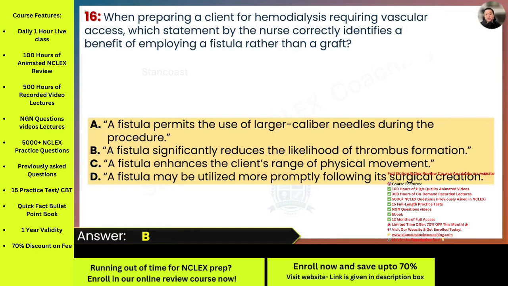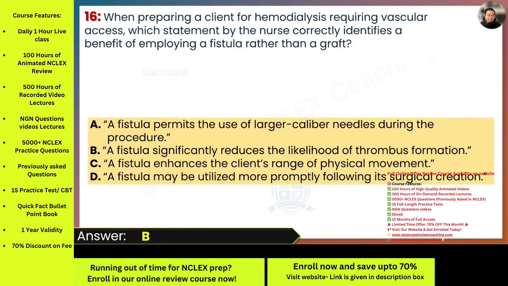And this is due to its natural connection between an artery and a vein, which will allow for better blood flow and less risk of foreign material triggering clotting as compared to those clients using synthetic grafts. And so the fistula can take several weeks to mature, about 2 to 3 months, but the long-term benefits make it the best option when feasible.